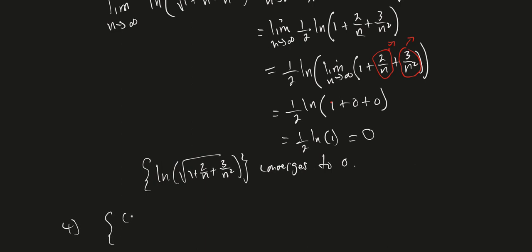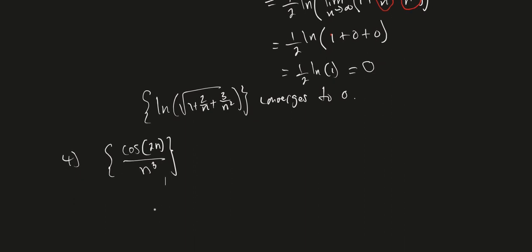But let's say you have the cosine of 2n over n cubed, right? So let's say you have that as your sequence. So we want to compute the limit as n approaches infinity of the cosine of 2n over n cubed.